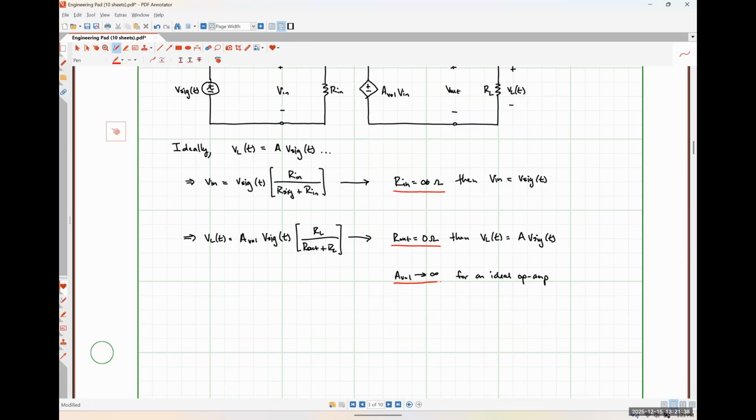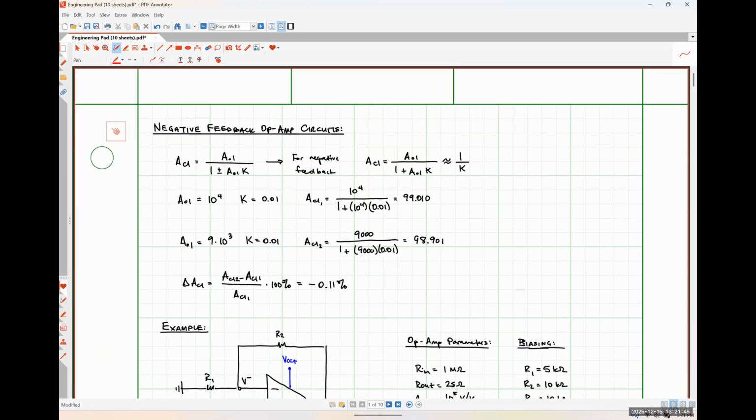For what it's worth, let me go back to the very first page here. That's from this relationship right here.